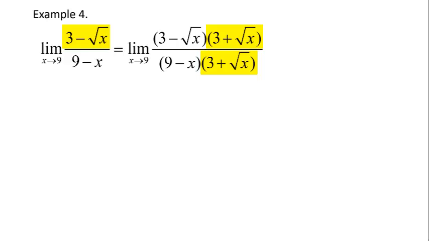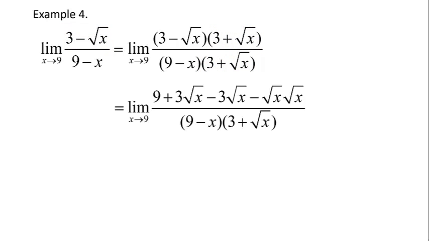So we're multiplying on top and bottom by 3 plus the square root of x. In the numerator, let's expand. We have 9 plus 3 times the square root of x minus 3 times the square root of x minus the square root of x times the square root of x.